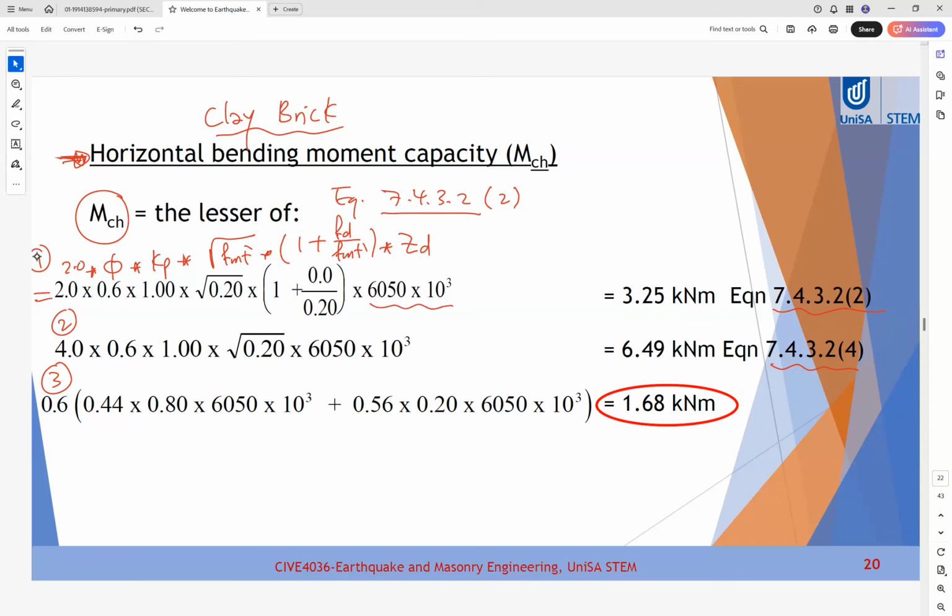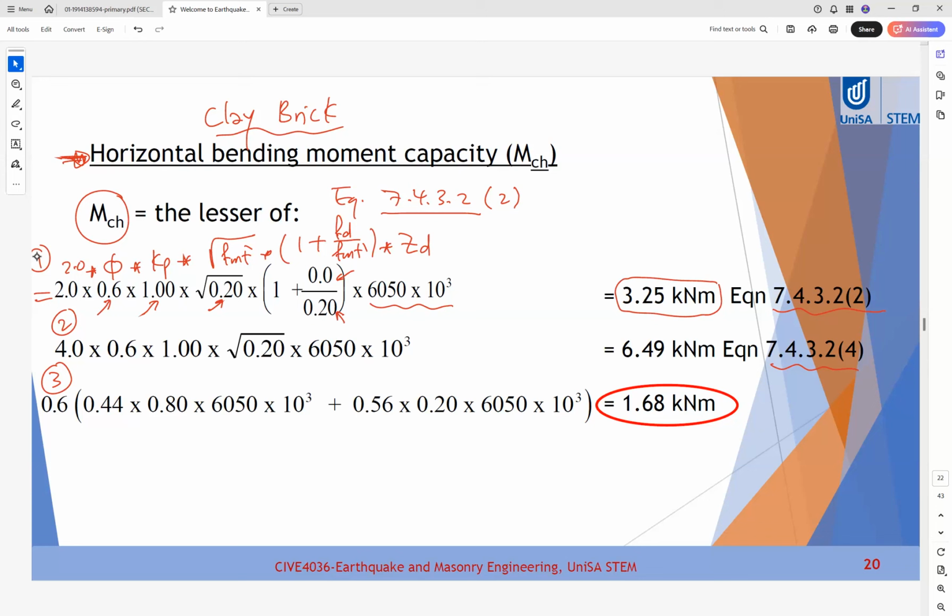So this is ZD, 60, 50 times 10 to the power 10. FD is 0, FMT dash 0.2, KB 1, phi 0.6. This value is 3.25.